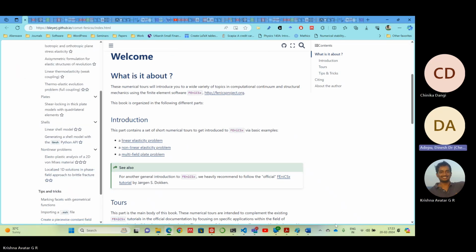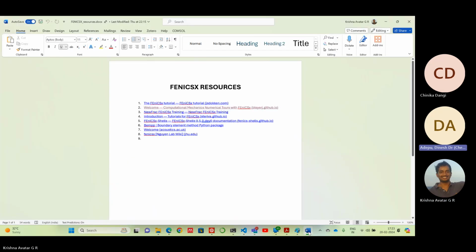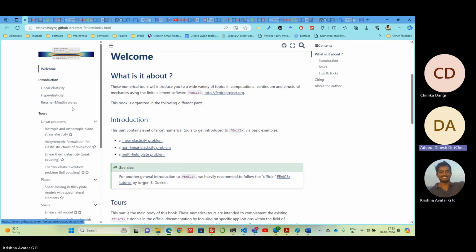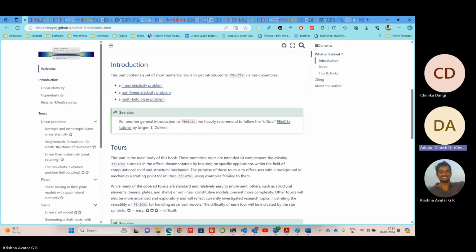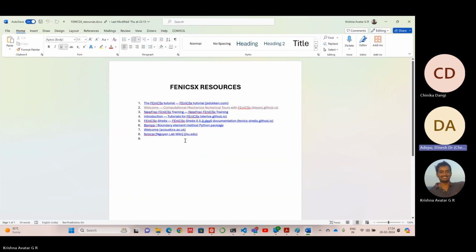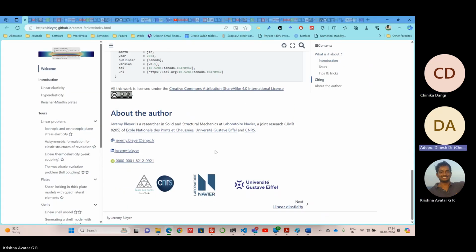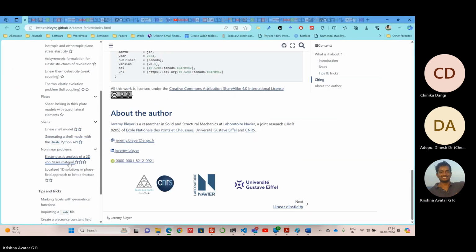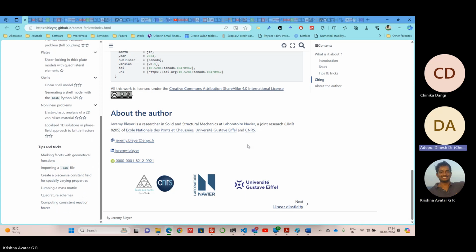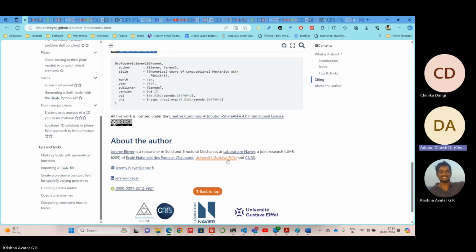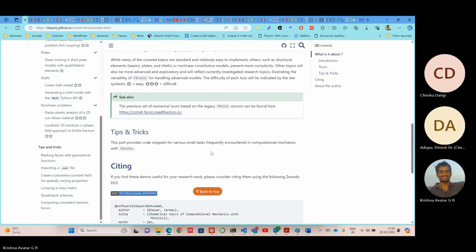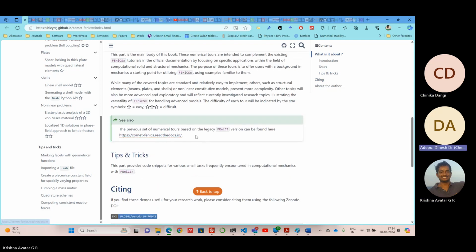If you go down to this welcome page on the website, there are more resources. There is something called David Kamenetsky's mixed finite element. If you go to the bottom, there is this one. He gave some resources here as well.